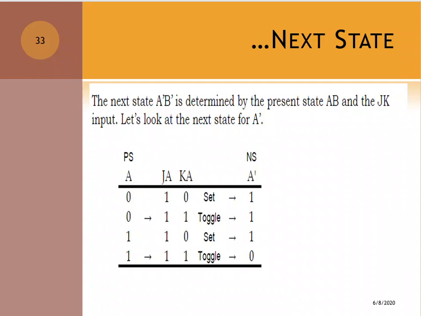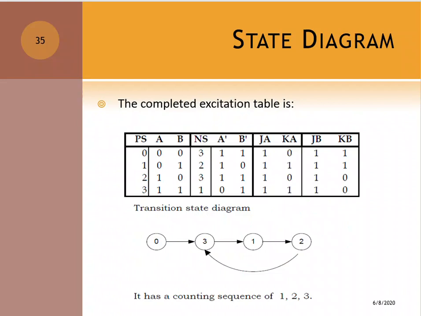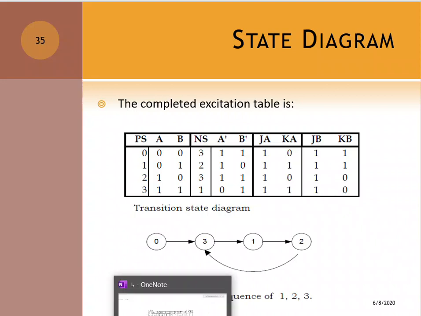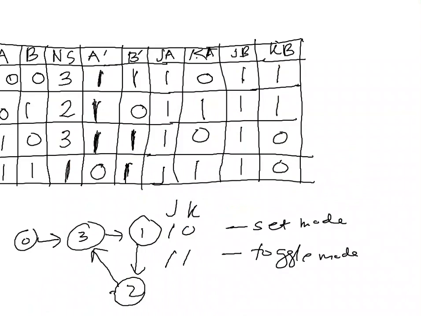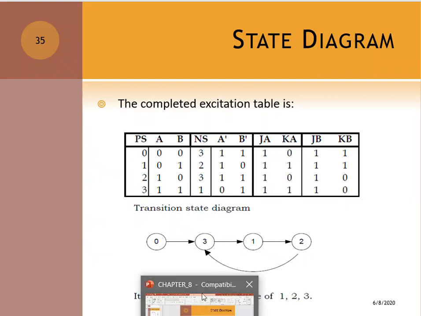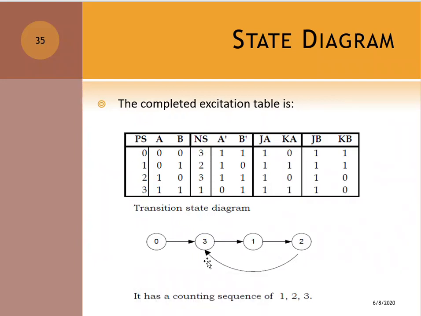The answer is 0 to 3, 3 to 1, 1 to 2, and then 2 to 3. It doesn't matter how you draw it, as long as you have the correct arrow to the correct numbers. So the counting sequence is 1, 2, 3. By that we finish chapter 8.